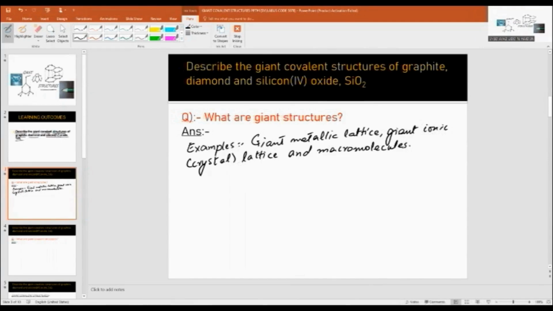These structures are so big that if you start drawing them in a normal flat room, you might end up completing every corner of the room, but the structure will not end.